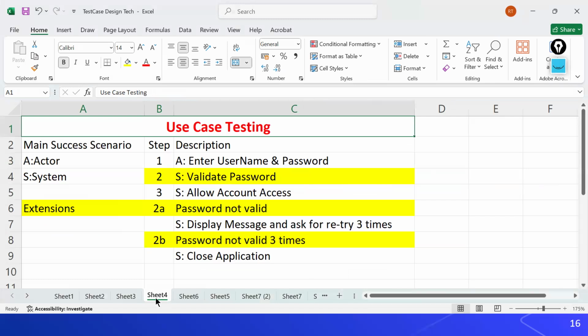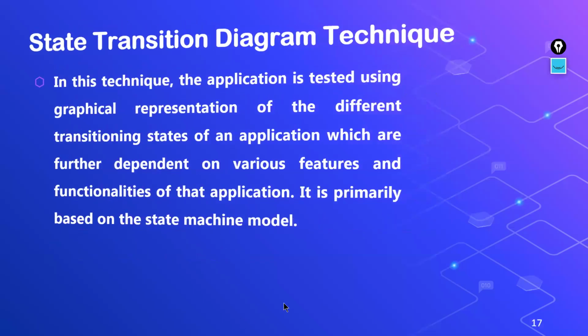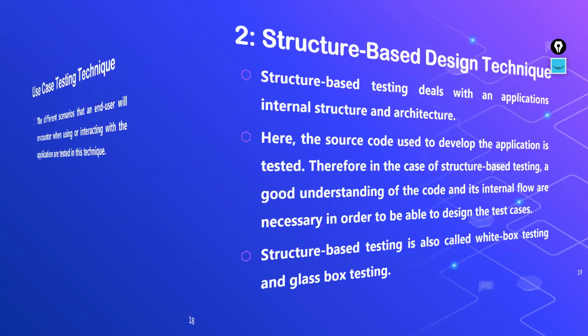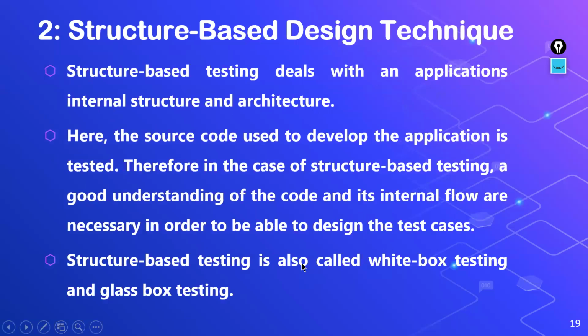That is how we can go with that. And that's what they have mentioned here as well: state transition and use case. These are primarily the techniques which can be used here.